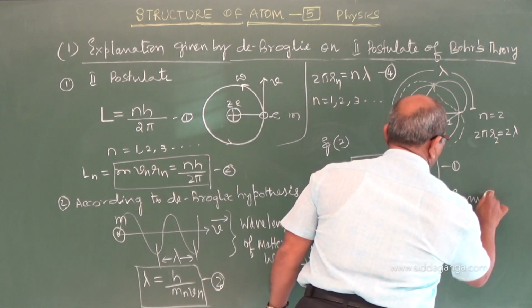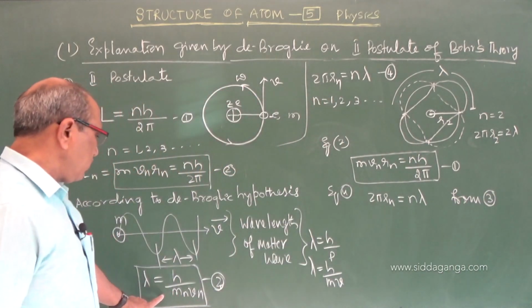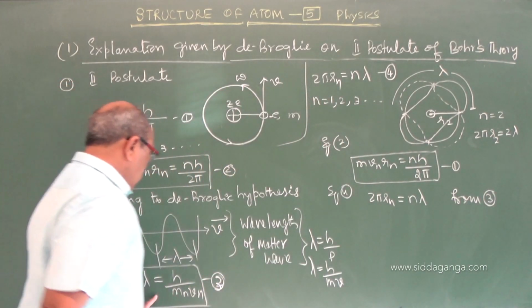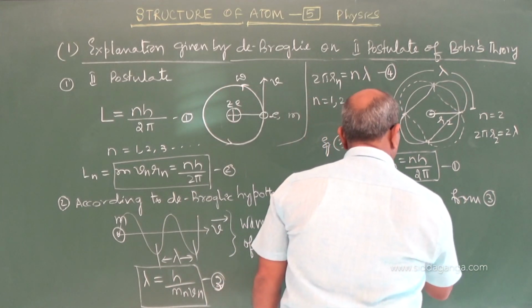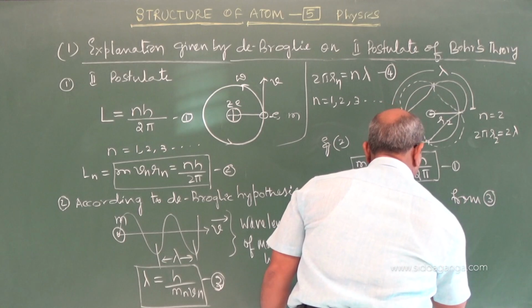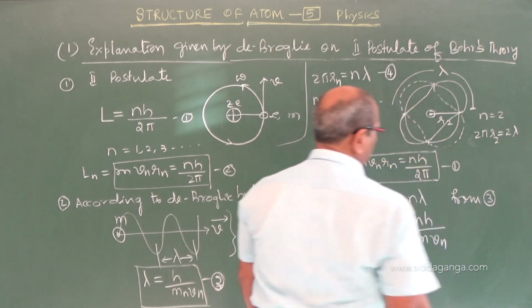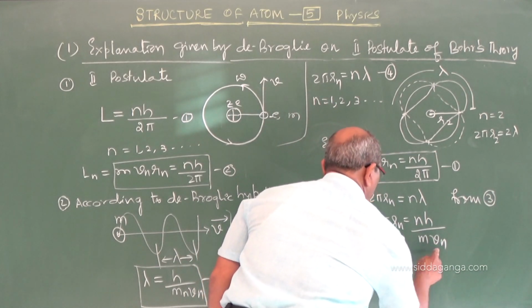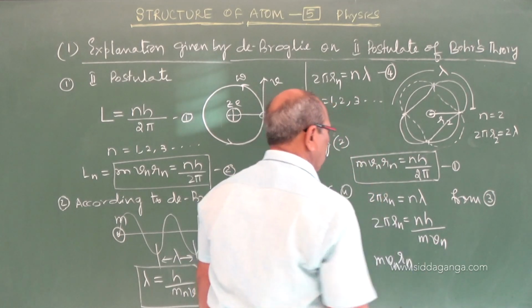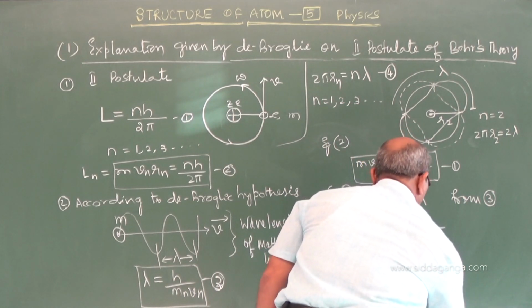From equation 3, lambda is equal to h upon mv. So 2 pi Rn is equal to n into h upon m into Vn. There is a simple transfer: Vn into Rn is equal to nh upon 2 pi.